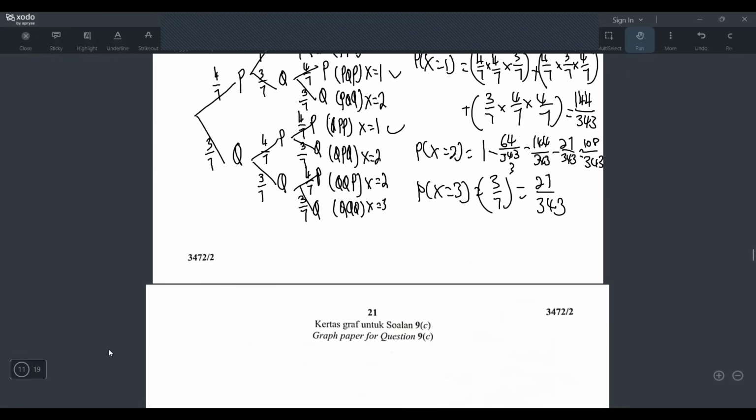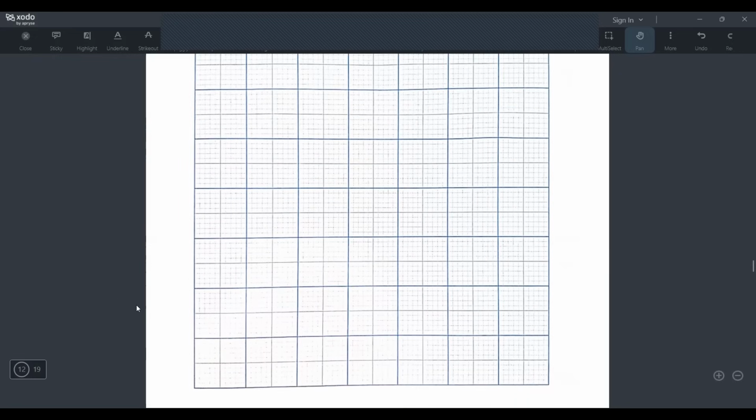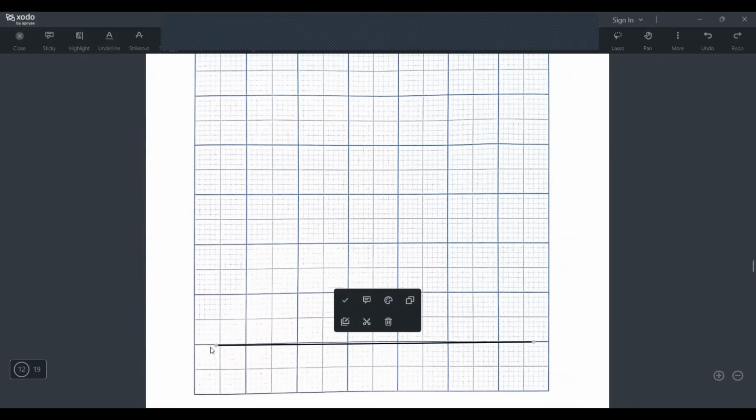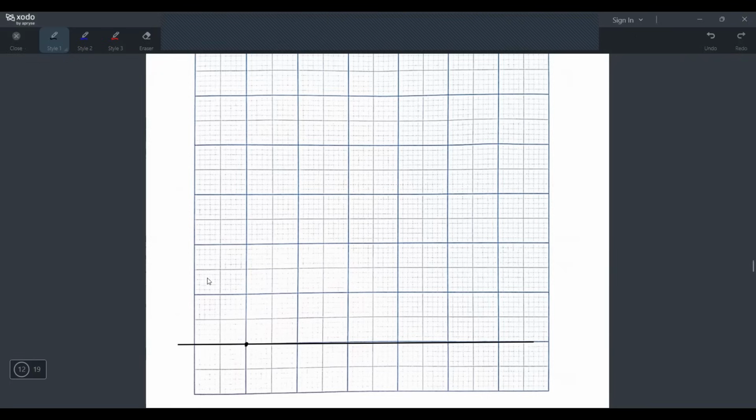Alright, now we can draw the graph. Okay, for this type of graph, dia punya origin mesti duduk sini, because everything is positive. So your axis, you will draw it at the bottom left, right? And this will be your origin, and then this will be your y-axis.